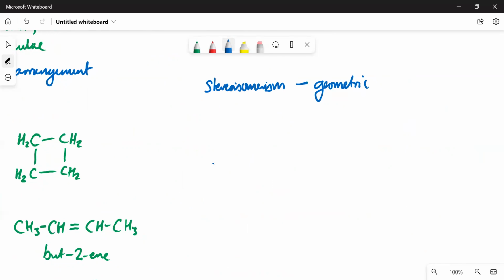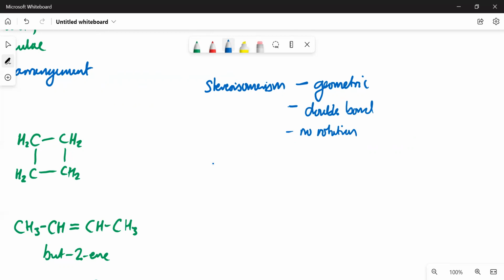That's when you have a double bond. And why do we get this? Because there's no rotation across the carbon-carbon double bond, and that gives rise to two possible stereoisomers.